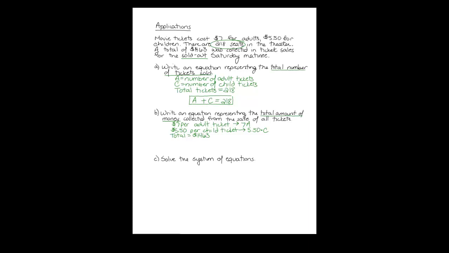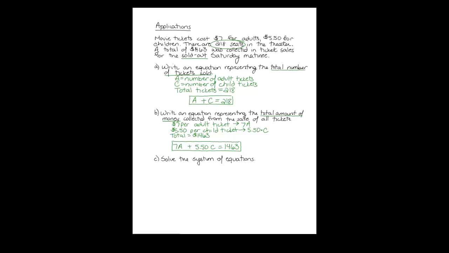Putting this all together, the amount of money collected for the adult tickets and the child tickets have to add up to $1,463. So 7A plus 5.50C equals $1,463. That is the second of the system of equations.